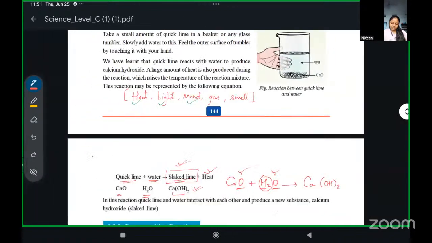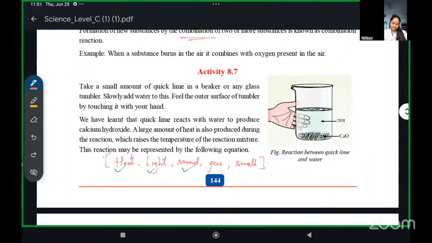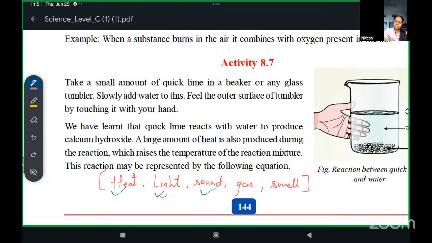Now see, here is an activity in which a small amount of quicklime is taken in a beaker and water is slowly added to it. Then you touch the outer surface of the vessel. You will feel it warmer.